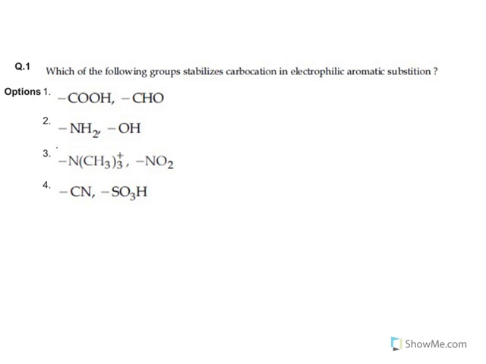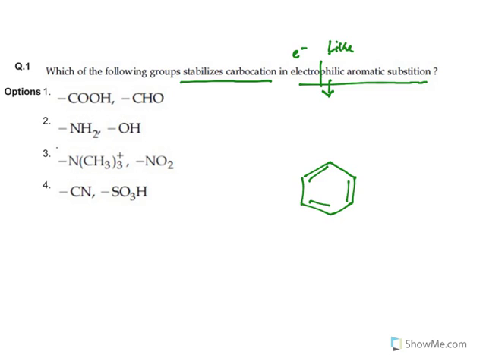Now, going to the next one. Again, this is a concept-based question. Which of the following groups stabilizes carbocation in electrophilic aromatic substitution? Now, the topic is aromatic substitution. The moment you say electrophilic, you need to understand what an electrophile is. Phile means liking. Electro means negative charge, electrons.